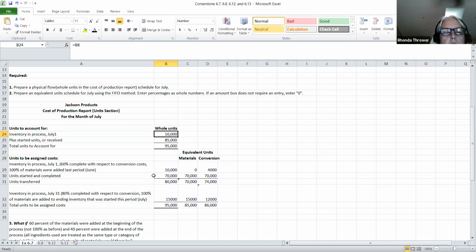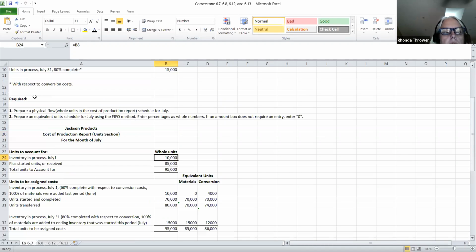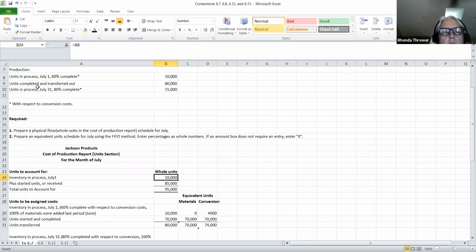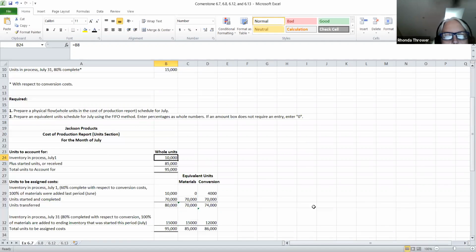We don't know what units were started and completed, so we'd have to find this 70,000. But they did tell us how many units were transferred. You see right here where it says units completed and transferred out is 80,000. So what I did is I just plugged that 80,000 in, not dollars, but units, at the units transferred. They told us this, and we knew what the beginning inventory was.